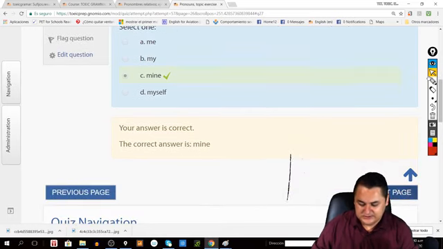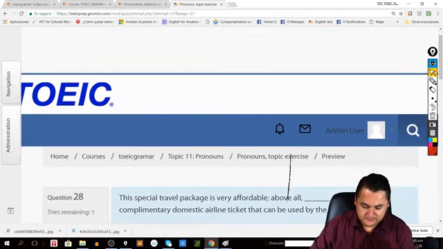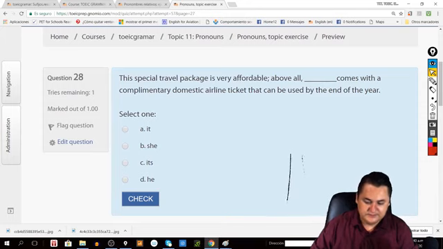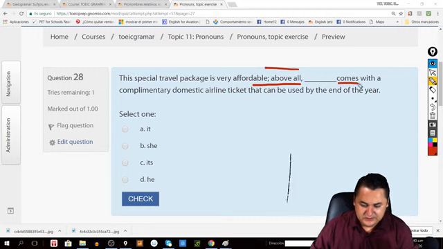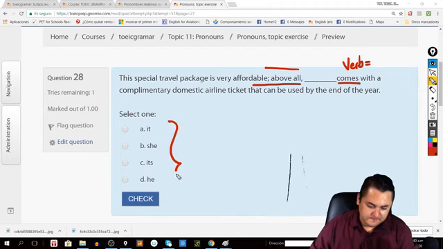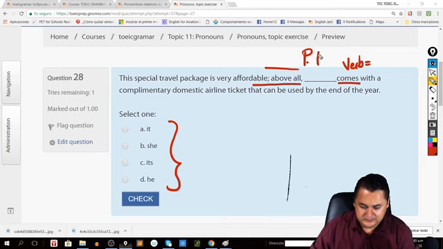Then we can try next. Here it is. I have a comma. I'm going to forget about this. Comes is a verb. This verb is in third person. And we have four personal pronouns.